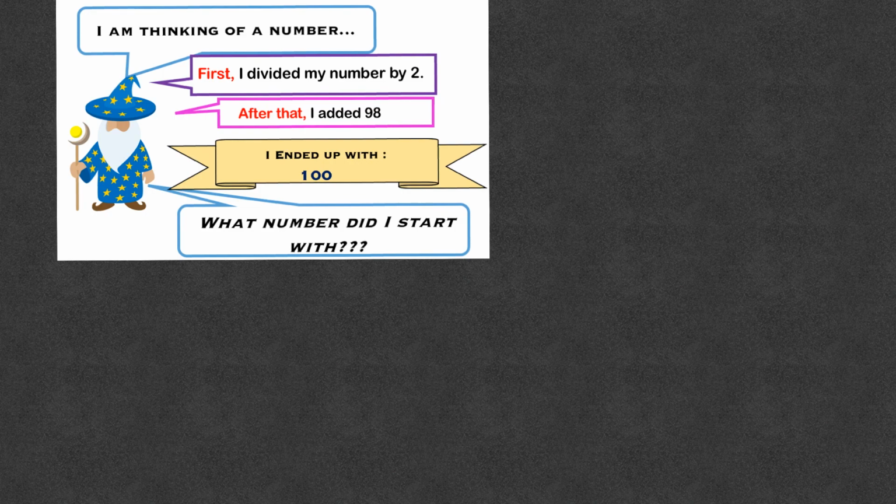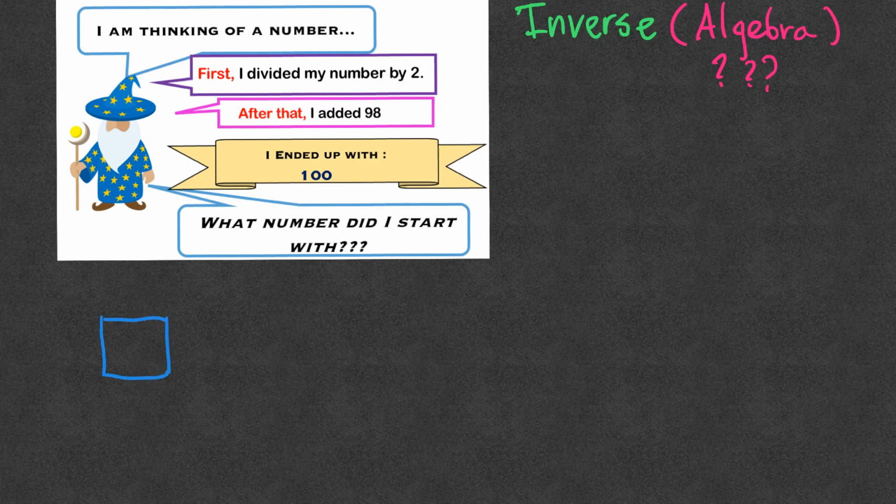It's the inverse problem, though technically it's algebra. Algebra means looking for the missing part. That's literally what the name of algebra means. So I'm thinking of a number, that's our missing part.